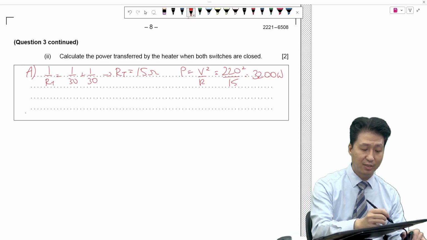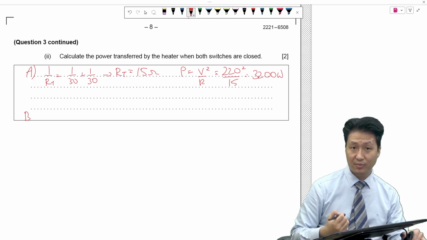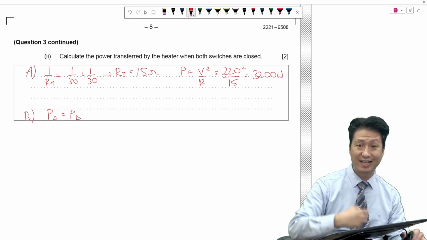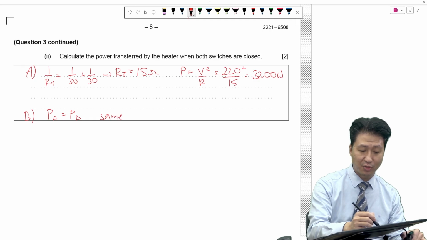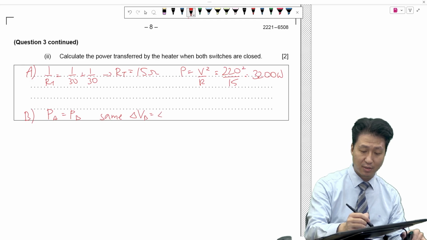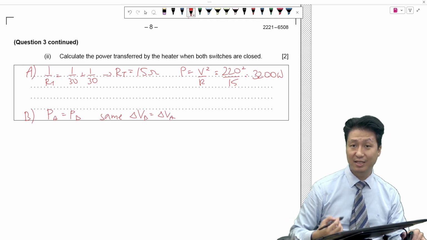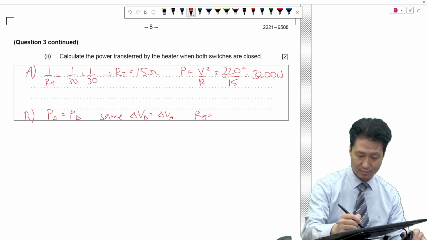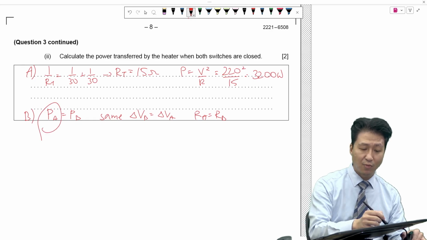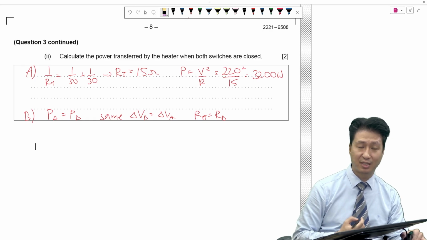Now the second way you can do this is that each resistor has exactly the same power. So the power of resistor A is equal to the power of resistor B. This is because they have exactly the same voltage drop and exactly the same resistance, which means one of them had a power of 1600.